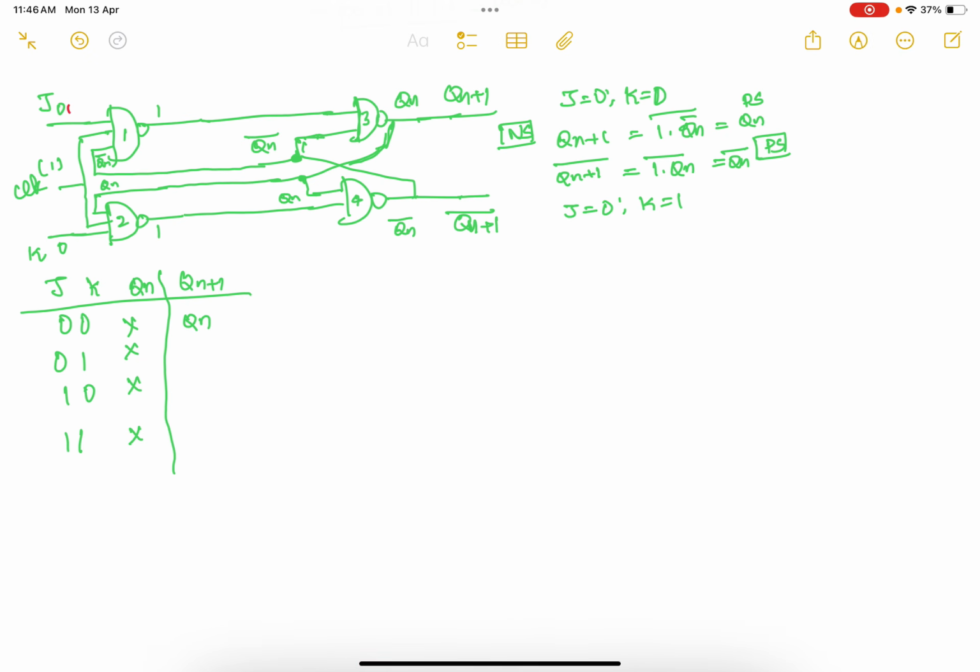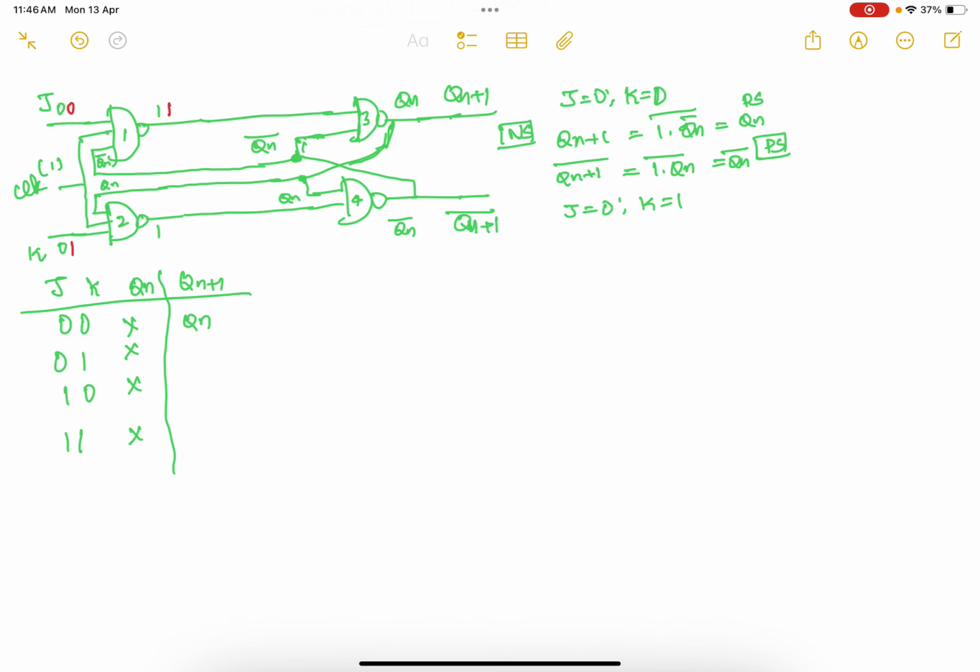When J equal to 0 and K equal to 1, at the top side, as I have already told you, 0 multiplied with any of the other inputs gives output 0, so 0 complement will become 1. But at the bottom side, two inputs are 1 and 1 and another input is Qn, so it is getting complemented.